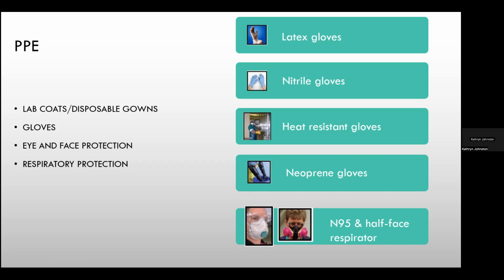So you want to make sure that you're choosing the one that's appropriate for what you're going to be doing. If you're working in pathology or you're working in the morgue, then because you're going to be dealing with formalin and those types of things, you want to make sure that you have a chemical resistant gown. So you want to make sure that the selection is appropriate for the area of the lab in which you're working.